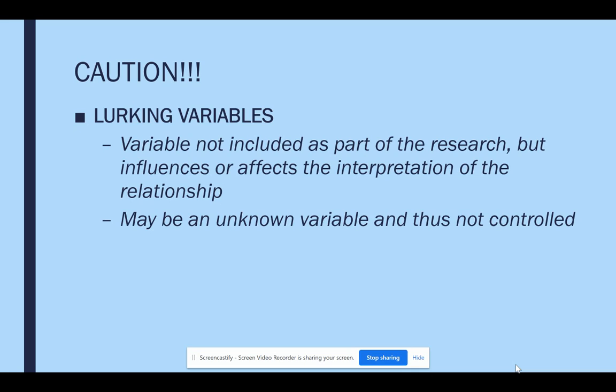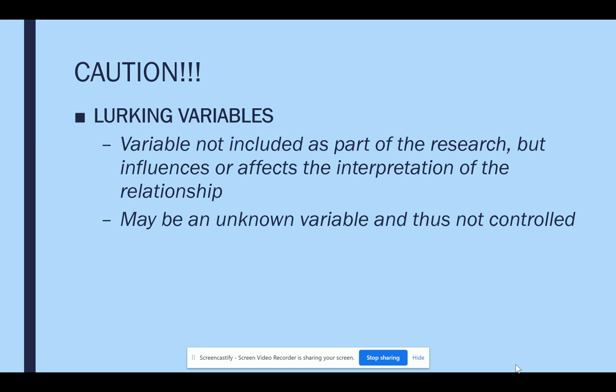You have to be careful anytime you're conducting research. There will always be lurking variables. Lurking variables are one or more variables that aren't really part of the research, but perhaps influence or affect the interpretation of the result. Sometimes it may be something that you don't know about, so you don't control it.